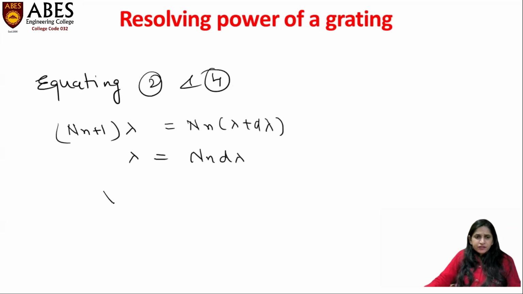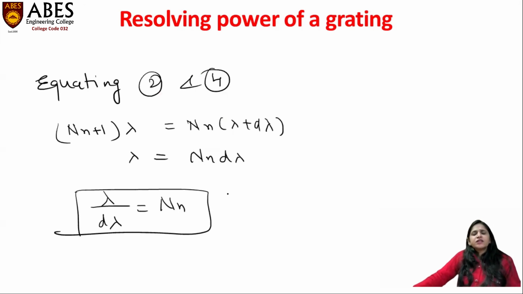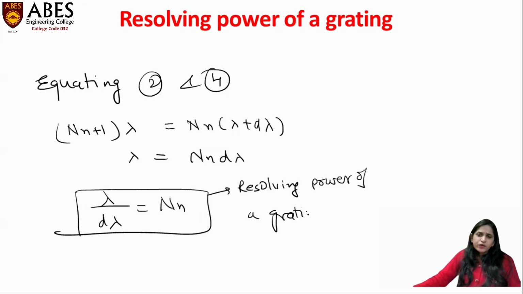And what we were calculating was lambda upon d lambda, the resolving power, which is n N. So from here, you can see this is nothing but the resolving power of a grating. And it is very clear that the resolving power of a grating depends on the number of lines and the order number.